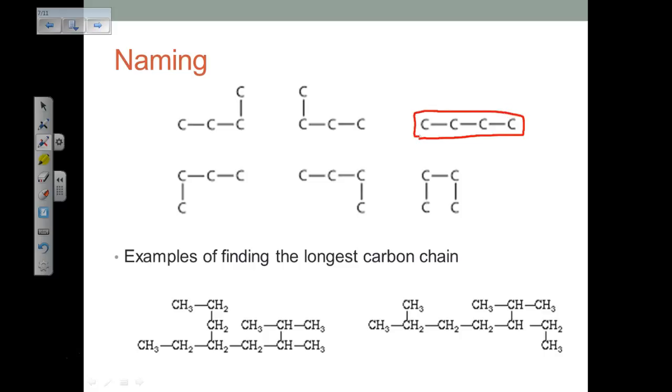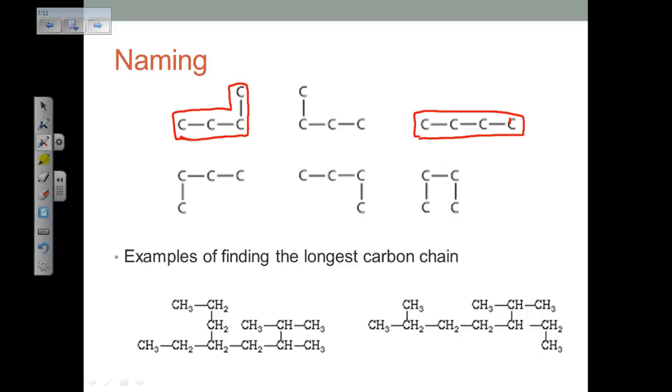There's butane. But if we take this and spin it around, so that the carbon is up, notice we get this. And this is still the longest carbon chain.